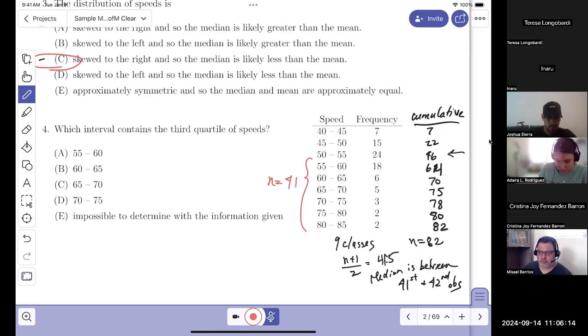So now you have to divide that in half. So I'm doing that in red. N plus 1 over 2 is 42 over 2, that's where my 21 comes from. So 21 observations.